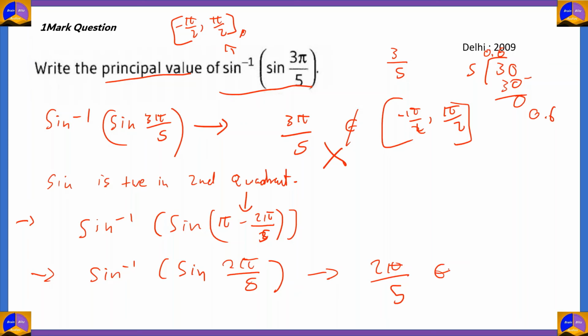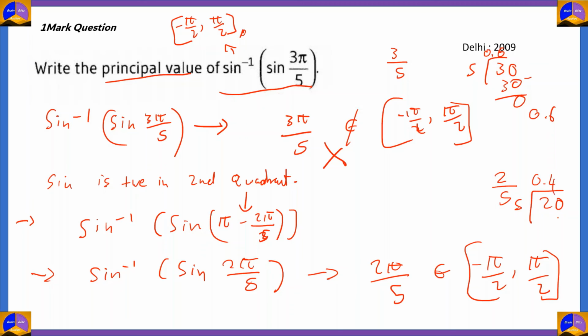And 2 pi by 5 belongs to minus pi by 2 to pi by 2. This thing belongs to the function. It is essentially the same value, but this angle theta now belongs to the sine inverse range. And how do I prove it? Just do 2 by 5. So 0 point, and then a 20. 5 goes into 20 4 times. 20 minus 20, that's 0.